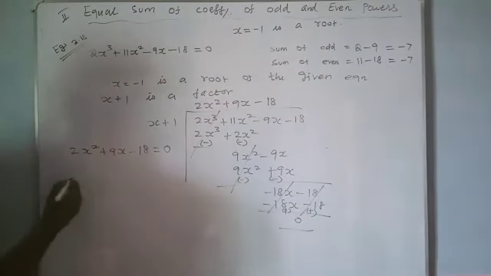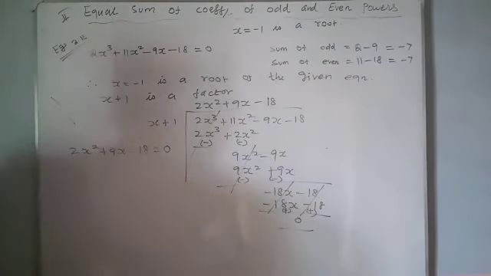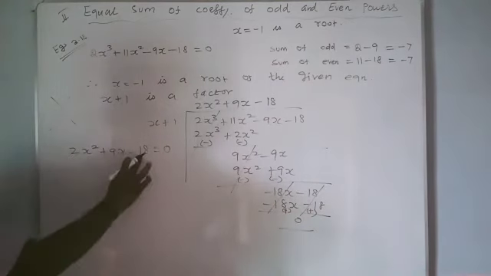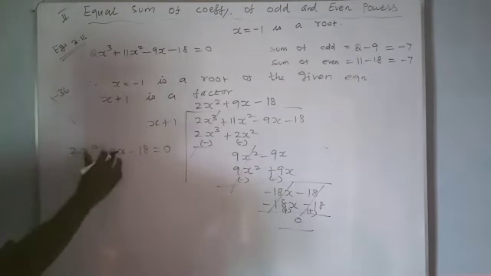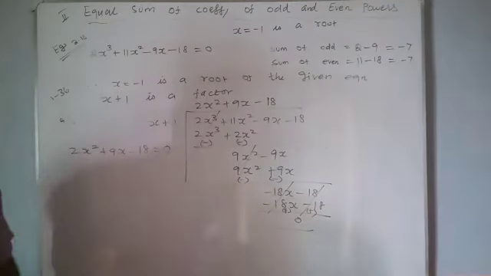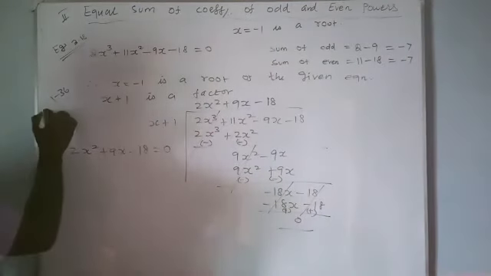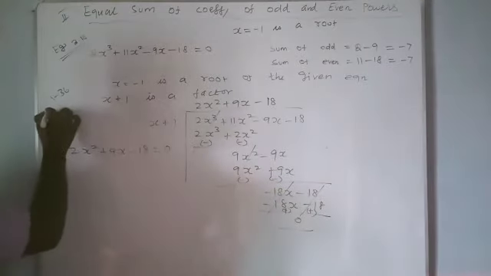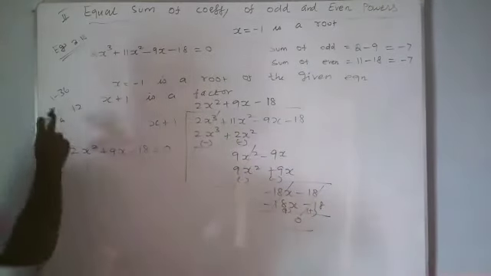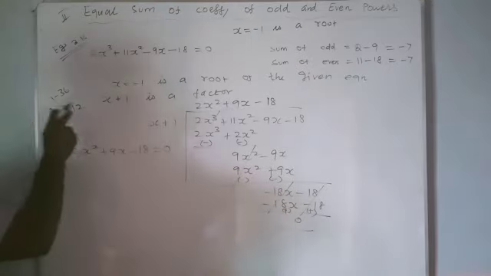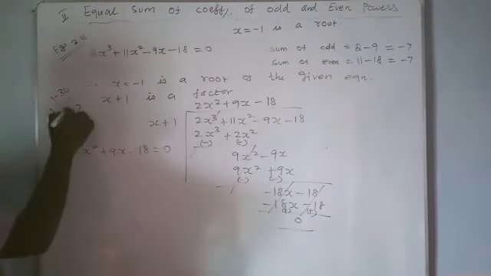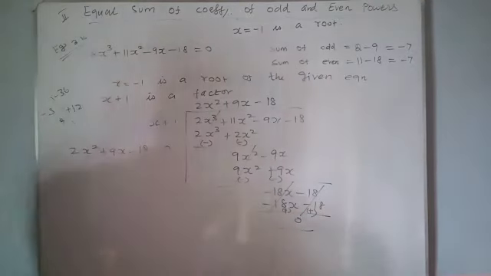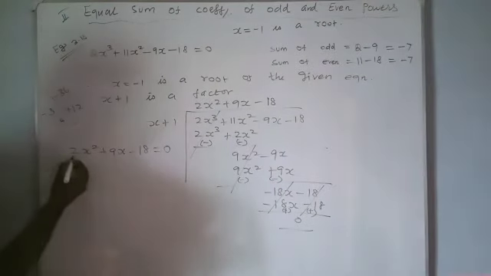So how to solve this factor? Multiply 2 into minus 18, which is minus 36, and add 9. What is the product of the roots? This is minus 36 and 9. 3 into 12, 3 into 12 are 36, and subtract this one is 9. So this must be plus and this must be minus. Now here 2 is there.